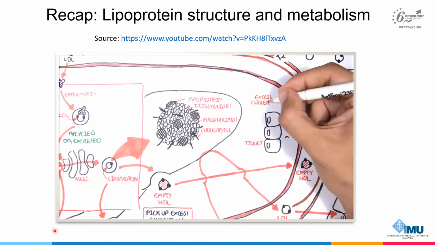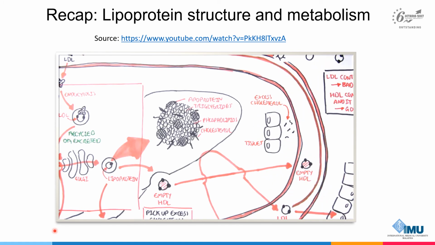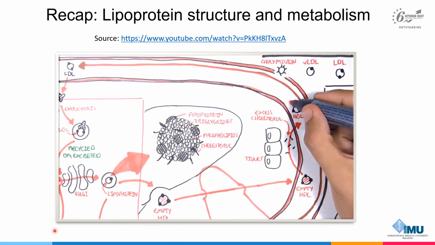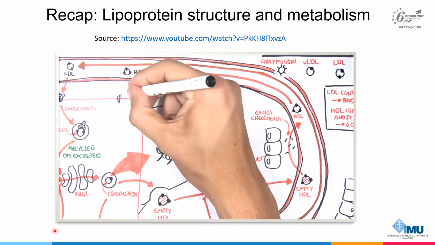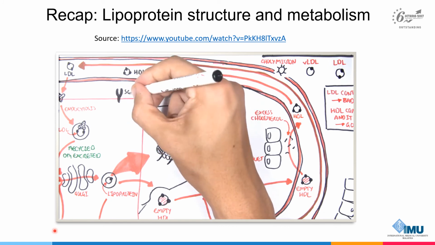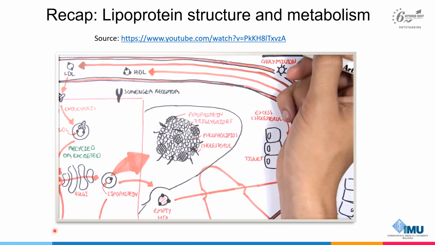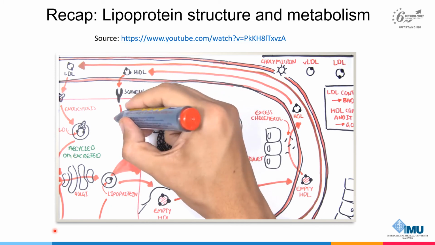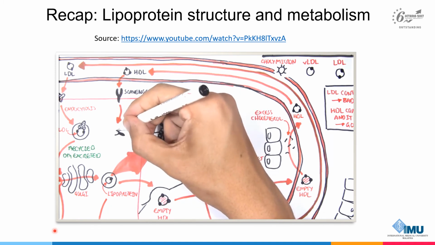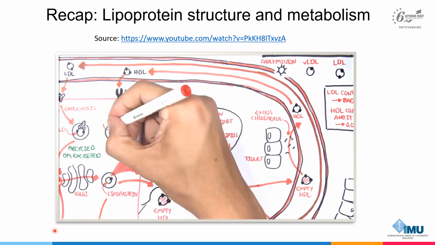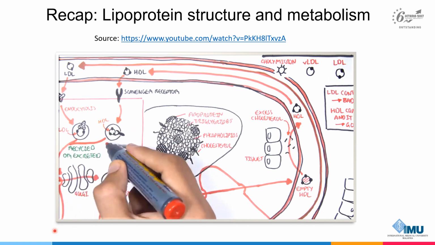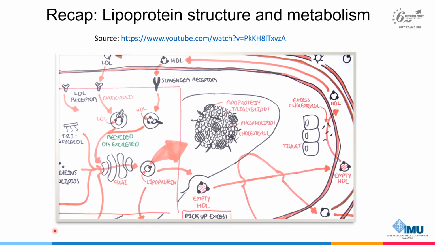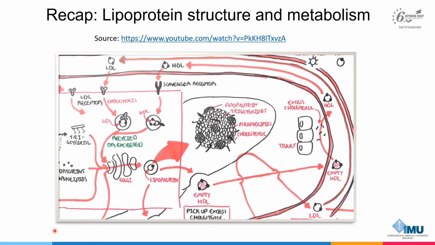And the HDL will pick up this excess cholesterol and return it to the liver. The full HDL with the cholesterol will bind onto receptors called scavenger receptors on the hepatocytes, and then it will get endocytosed. The HDL can then either be recycled through the Golgi or excreted, depending on how much cholesterol the body needs.